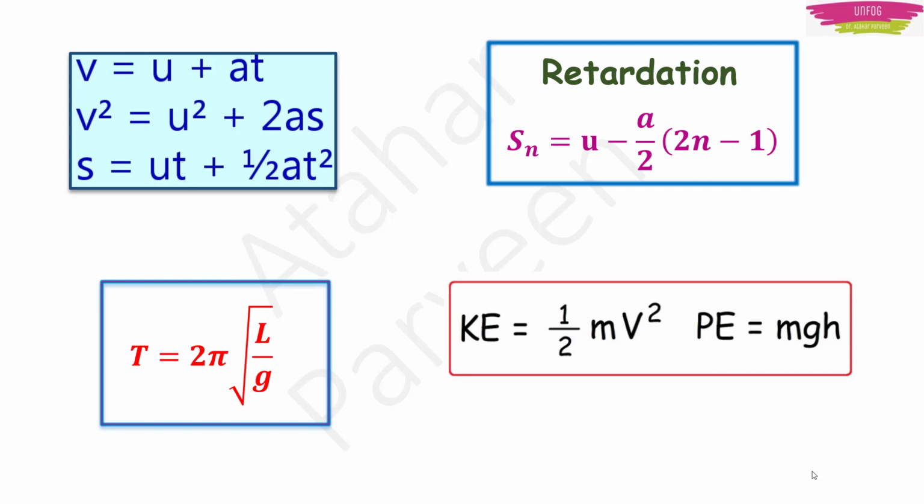And the famous kinetic energy and potential energy formulas: kinetic energy is equal to ½mv², potential energy is equal to mgh. You can either note down these formulae in your list, or take a screenshot and preserve it to learn in future. Or the best thing is to pause the video and learn the equations right now. These formulae are not new to us, right? We have read all this in our school and in our college. We only need some brush up.